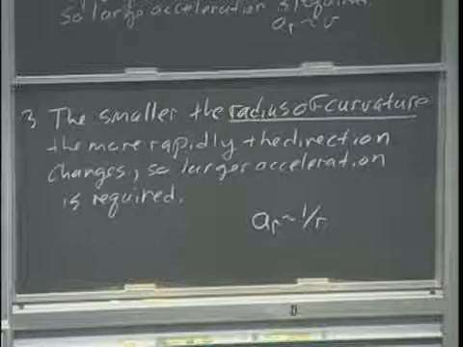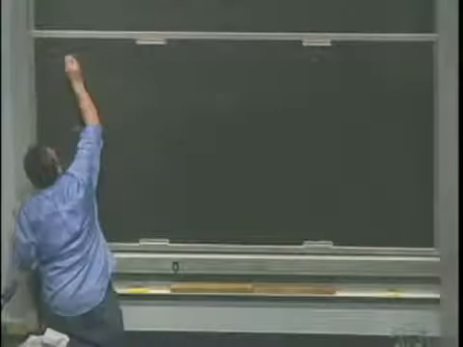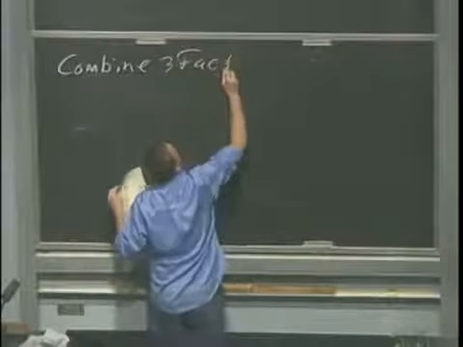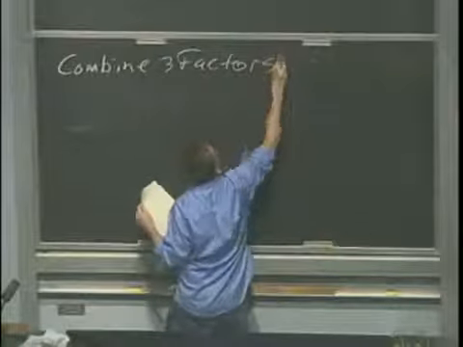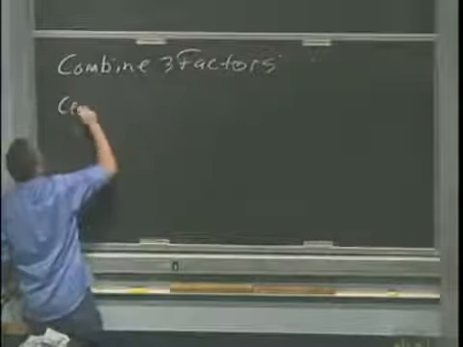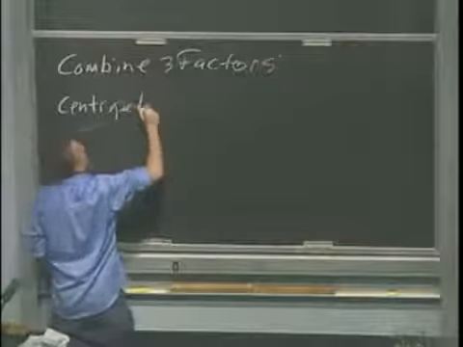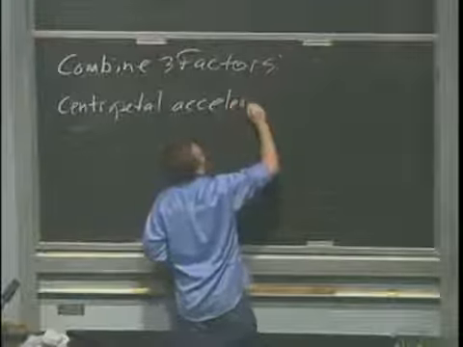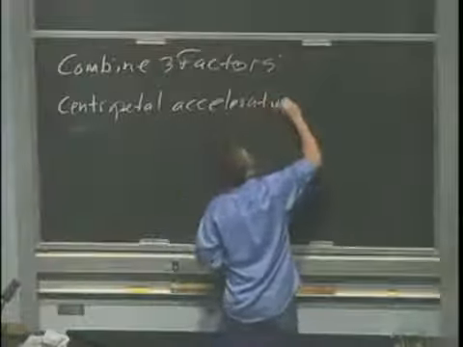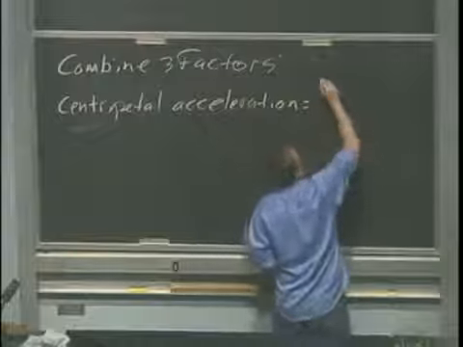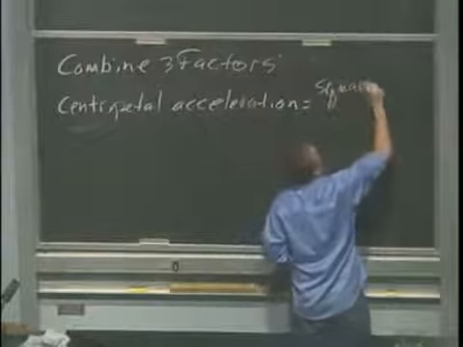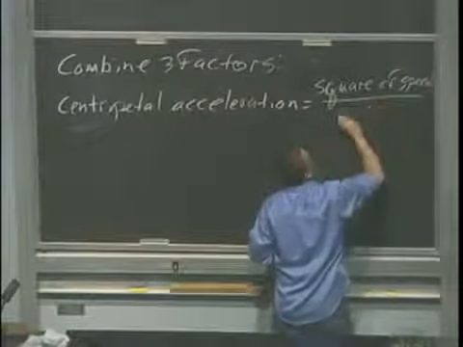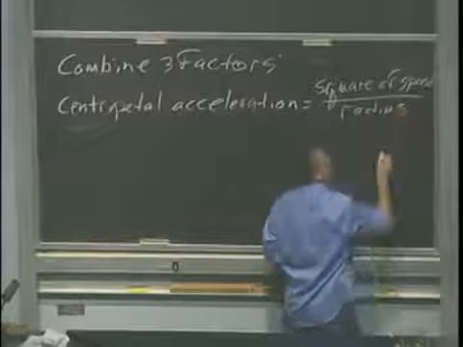Then our guess for what the centripetal acceleration looks like is that the centripetal acceleration, that acceleration that's keeping it moving in a circle, is going to be equal to the square of the speed, so combining those two velocity factors, divided by the radius of the circle.